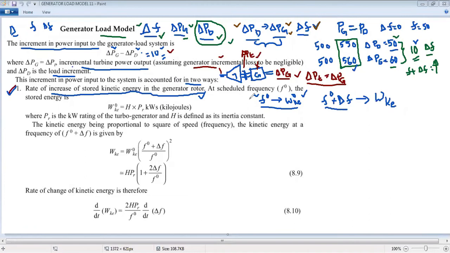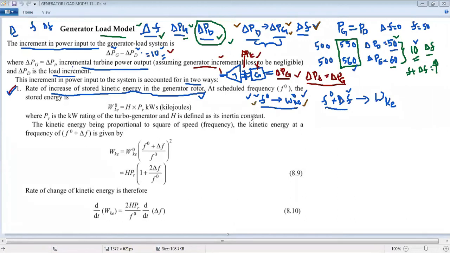So these are the two cases we have taken. That is F naught, the scheduled frequency without any disturbance condition, WKE naught, and with disturbance there is a change in the frequency delta F, F naught plus delta F, and the stored kinetic energy is WKE here. Now what is the relation between WKE and F naught?